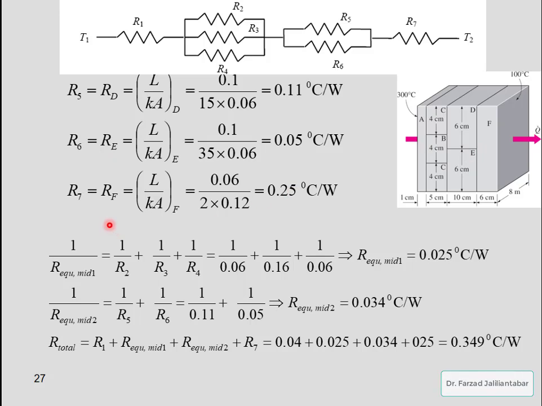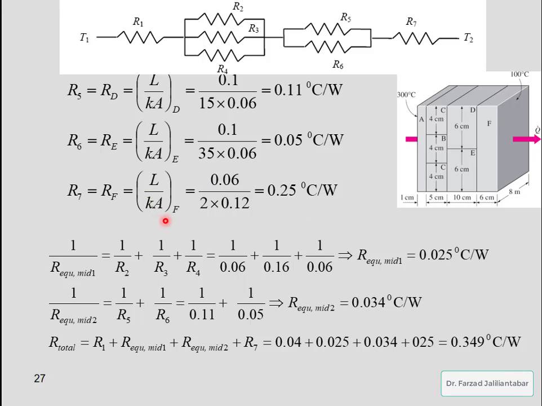The result of this calculation will give us R6 or RA, the thermal resistance of the material A. We can follow the same equation for material F, which all of section 4 is made of. Again we have conductive heat transfer, so we can use this conductive thermal resistance equation to calculate the thermal resistance of the material F. The thickness is given as 6 centimeter.